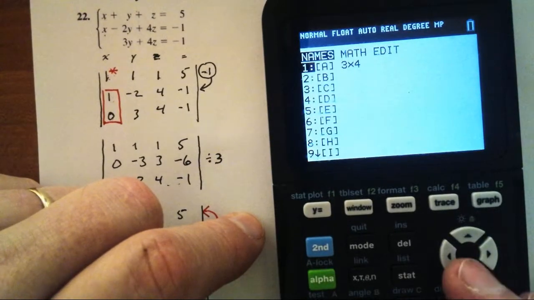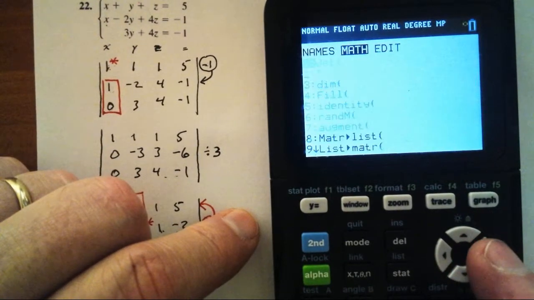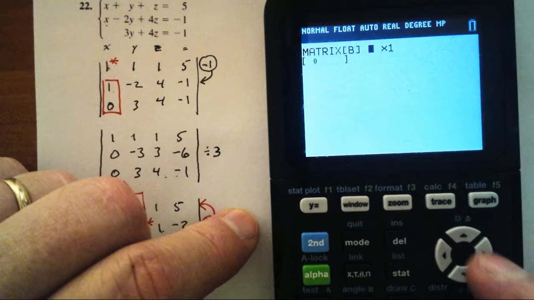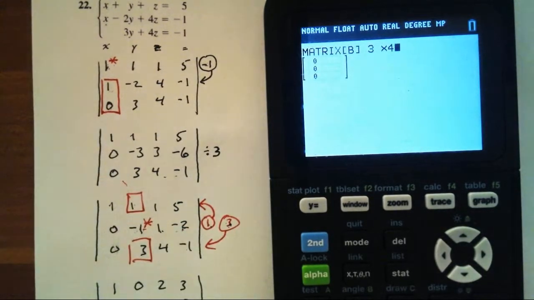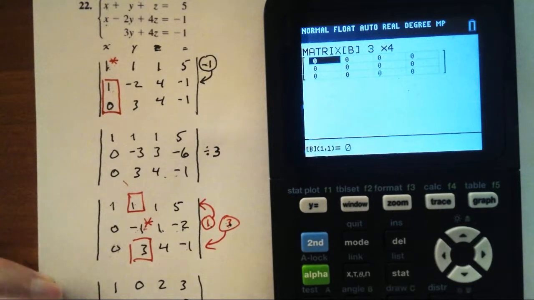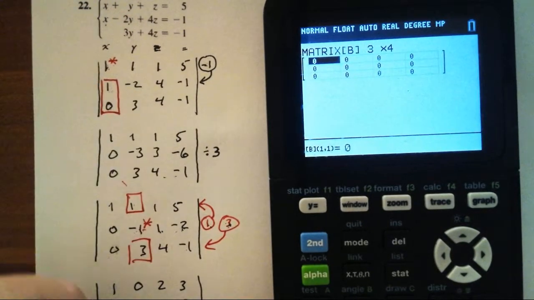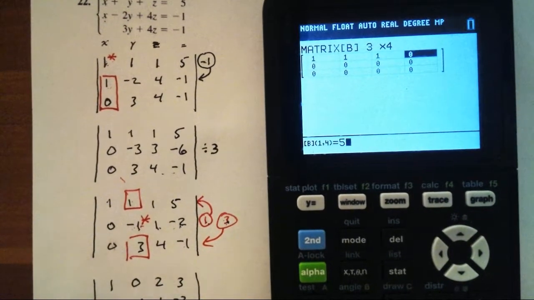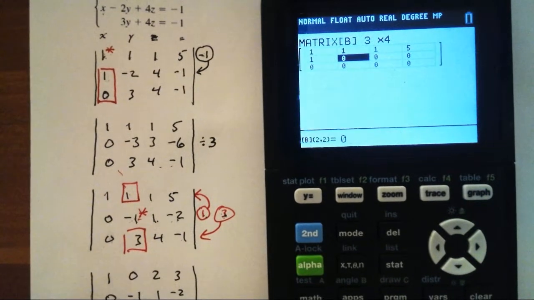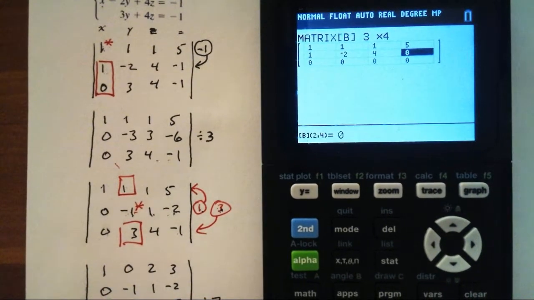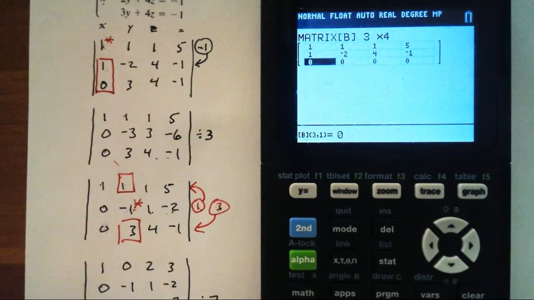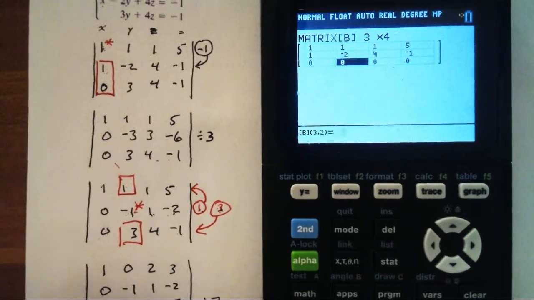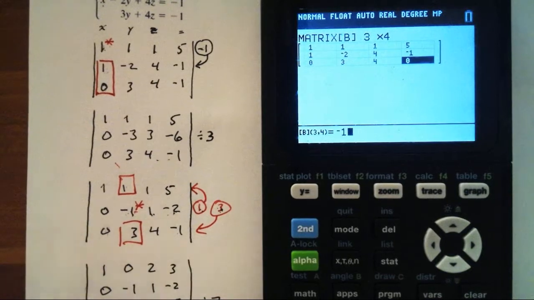And I'm going to work with matrix B, and I'm going to edit matrix B, and I'm going to have it be a 3 by 4, 3 rows, 4 columns. And I'm going to put my values in here. 1, enter, 1, enter, 1, enter, 5. 1, enter, negative 2, enter, 4, enter, negative 1. 0, 3, 4, negative 1.